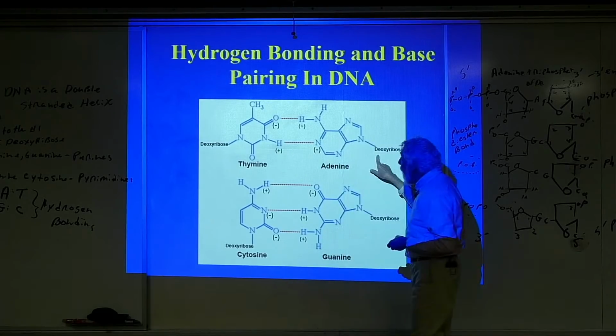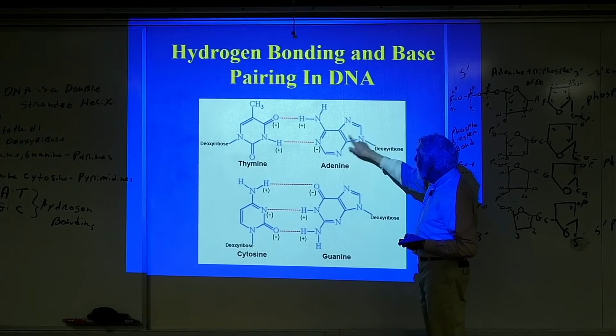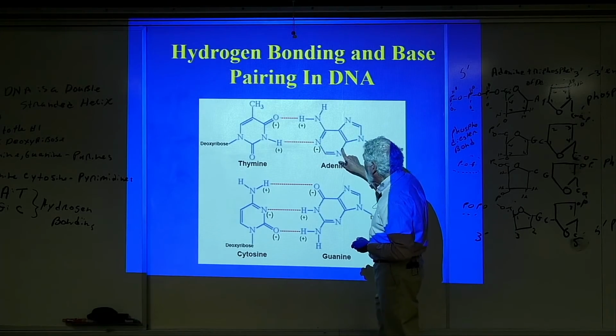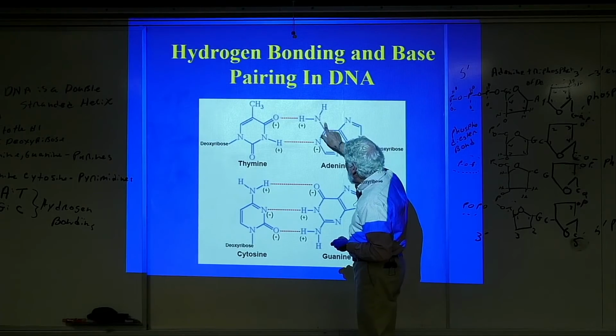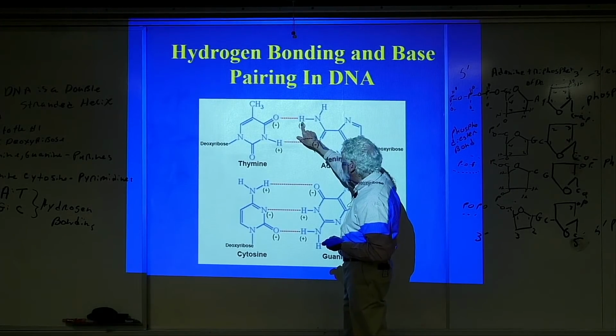Now, if we look at the complementary base, in this case, this is adenine. So this is the adenine structure. It has this 5-member ring out here, 6-member ring here, and then there's an amine coming off of the ring. This amine, this NH2, has a positively charged hydrogen at this site.